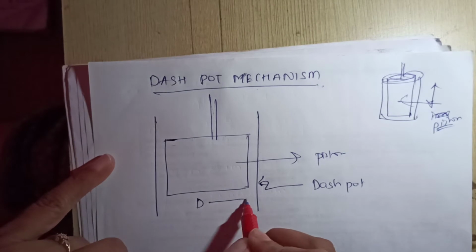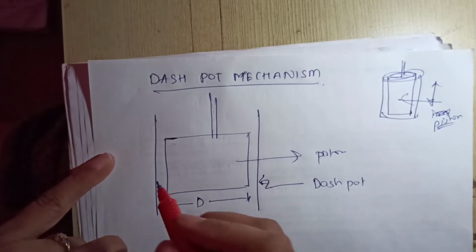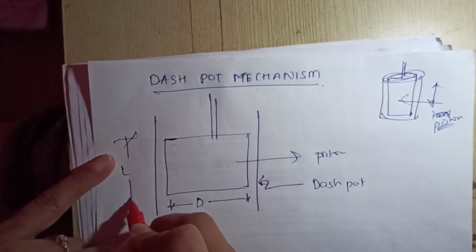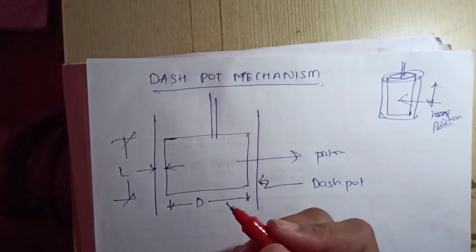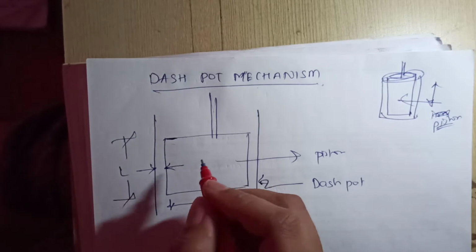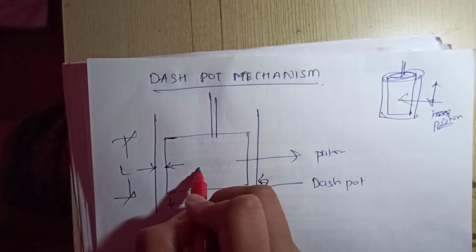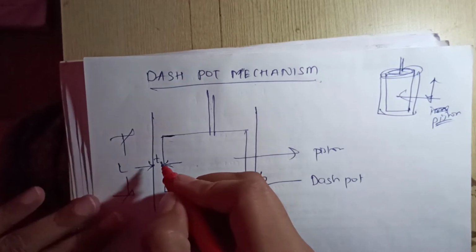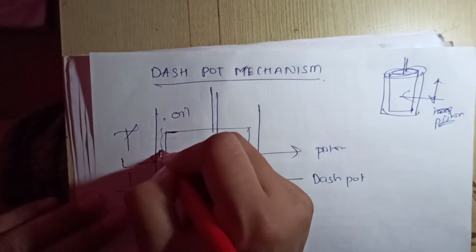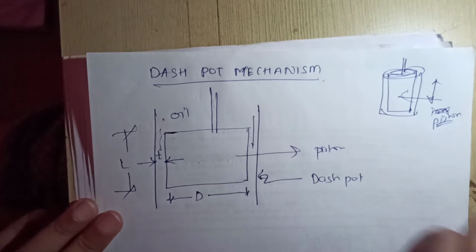Let the diameter of the piston be capital D, the length of the piston be capital L, the clearance gap between the piston and the dashpot be small t, and let some oil be moving between the gap for lubrication.